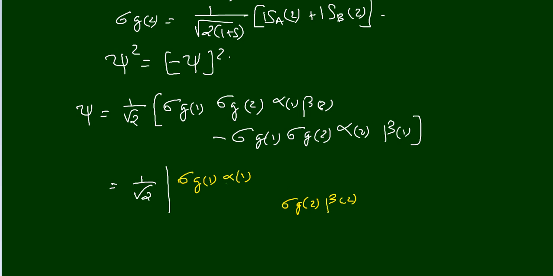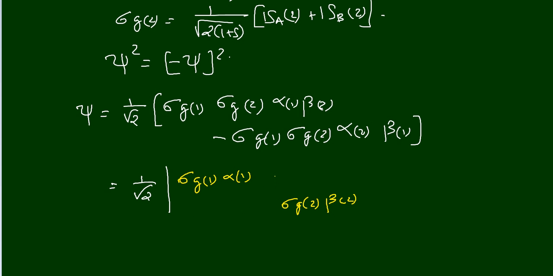Why have I written it like this? Because you look at the first term in this expression. It is sigma g1 sigma g2 alpha 1 beta 2. Actually that is the product of this term and this term. So sigma g1 alpha 1 sigma g2 beta 2, okay. This is a product of this diagonal, and then minus the product of this and this.